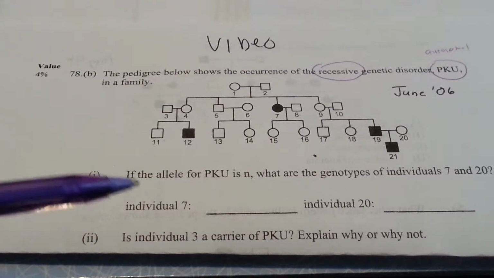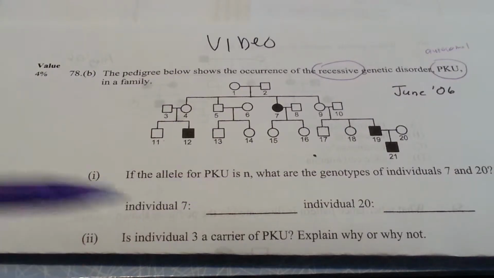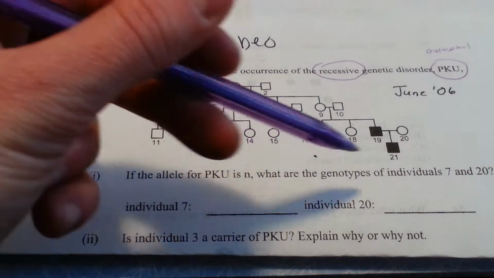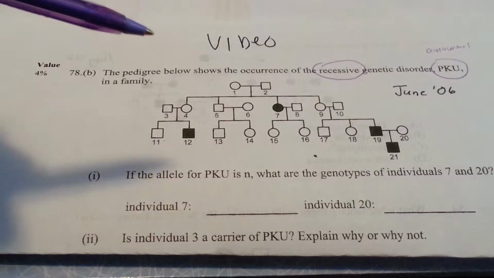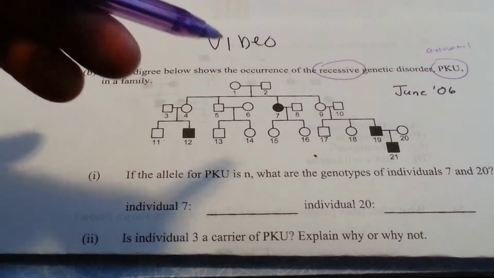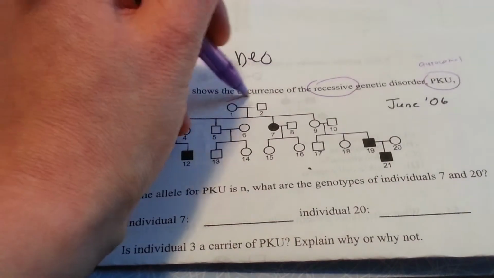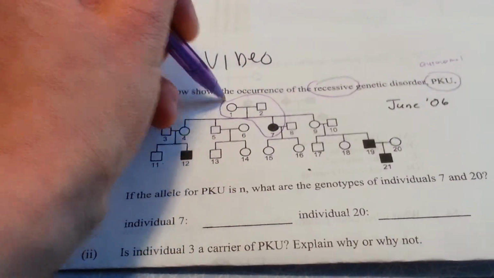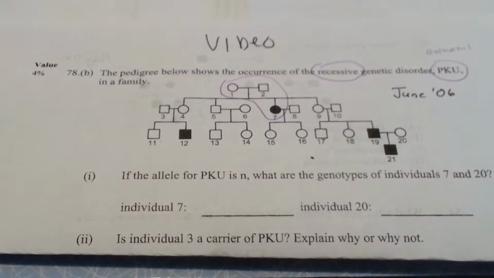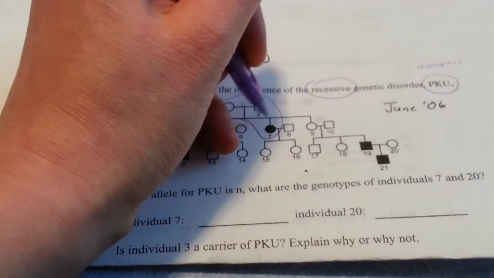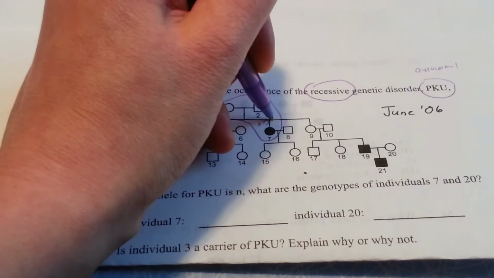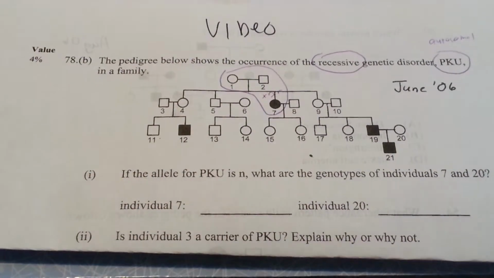So it's saying, if the allele for PKU is small n, what are the genotypes of individuals 7 and 20? Before we get to that, let's prove that it's not sex-linked. We know it's not sex-linked based on this example right here. If it were sex-linked, and we know it's recessive, the daughter here would be X little r, X little r.